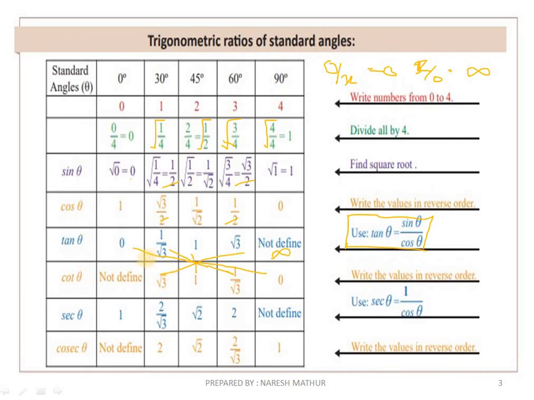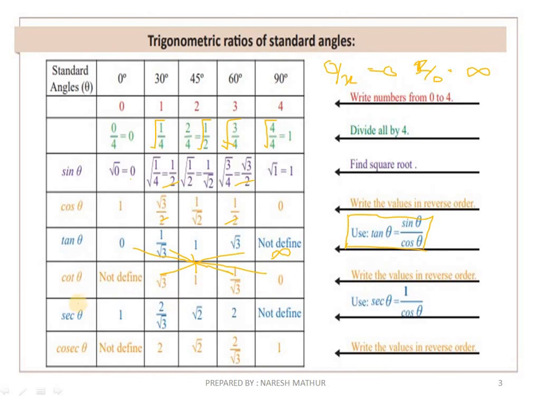So we can learn it by the reciprocal also. The reciprocal of 0 is what? Something upon 0 will give infinite. 1 by root 3 will be root 3. The reciprocal of 1 will be 1. The reciprocal of root 3 is 1 by root 3. And not defined, x by 0, will become 0 by x, which means 0.